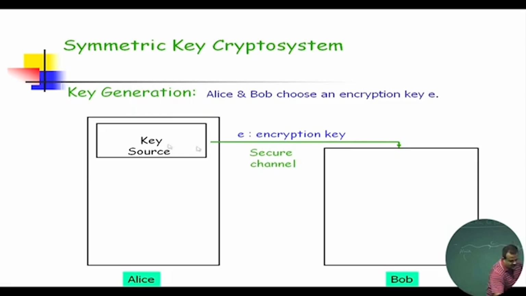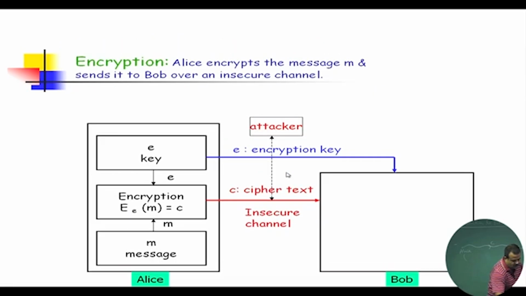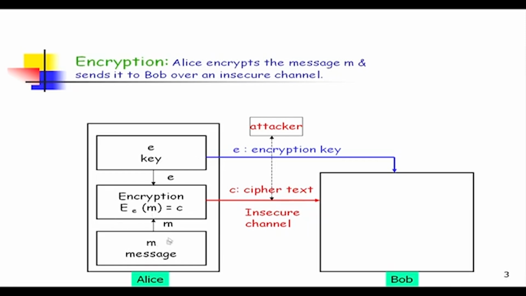Then Alice has this message M, which comes from the plain text space, and Alice encrypts it, generates the ciphertext C, and sends it to Bob over the insecure channel, which is controlled by the attacker.